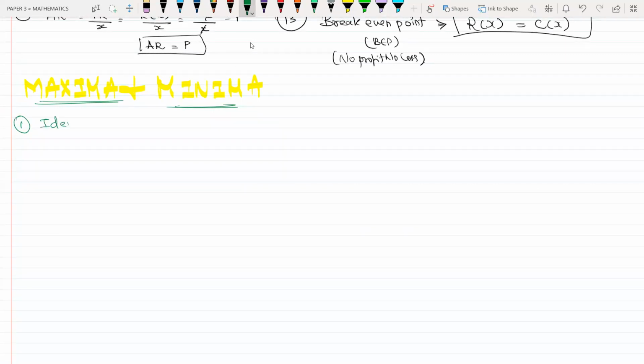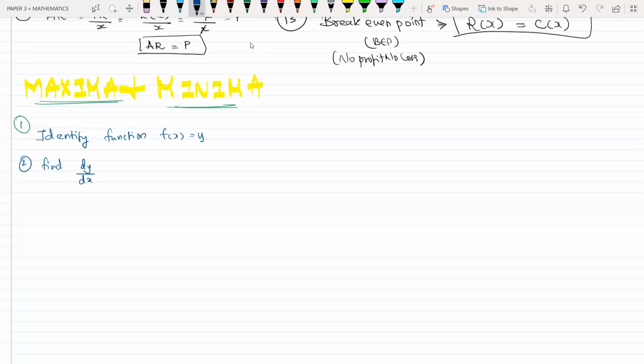First, you need to identify the given function, that is f of x is equal to y. Then find dy by dx.